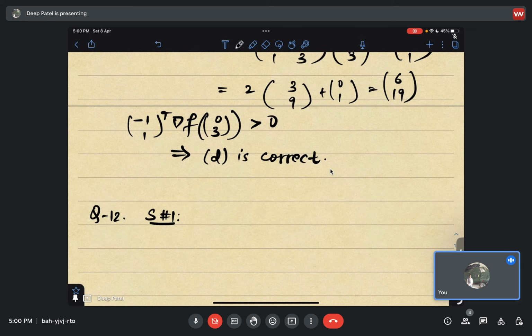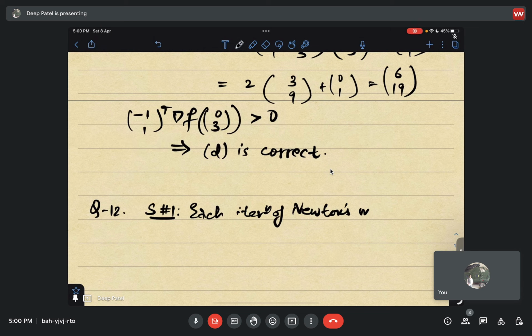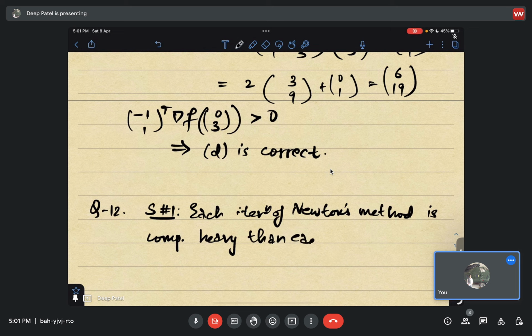Yeah, sorry. So statement 1 is saying each iteration of Newton's method is computationally heavier than each iteration of steepest descent.